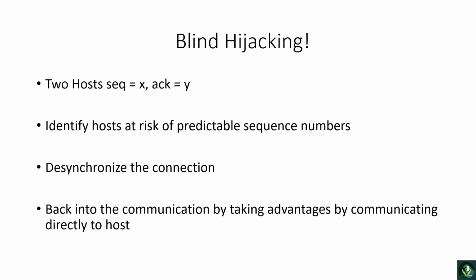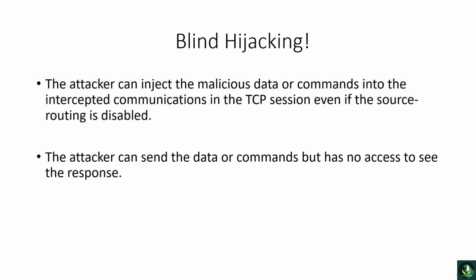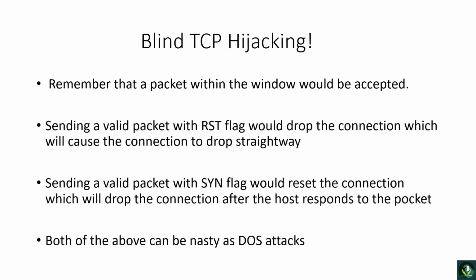Also, one more point: the attacker can use this when they can actually sniff the connection. The attacker can inject malicious data or commands into the intercepted communication in the TCP session, even if source routing is disabled. The attacker can send the data or command but has no access to the responses.